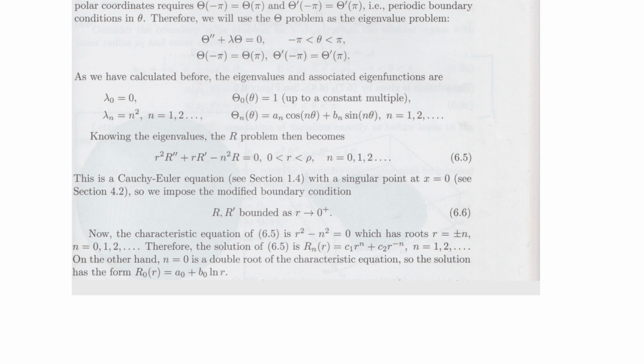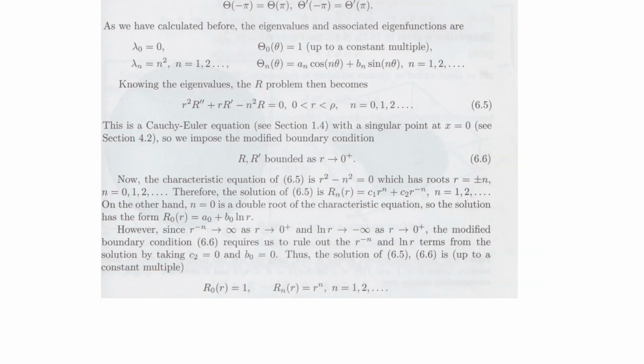So we have the general solutions of equation 6.5 for the two possibilities, and when we apply the boundary conditions 6, in the solution c1 r to the n plus c2 r to the minus n, we're going to have to make c2 equal 0 so that the solution doesn't blow up, and when lambda equals 0, we're going to have to eliminate the log r term.